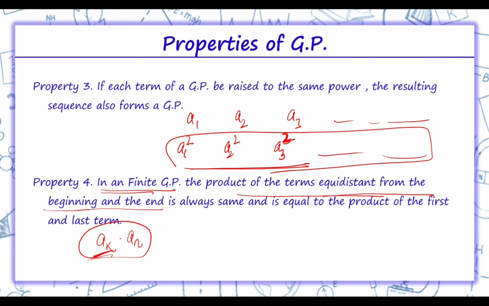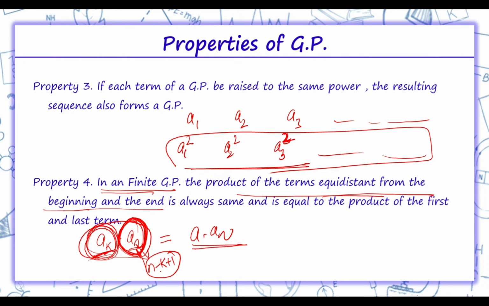AK is the kth term from the beginning, and from the end, if we count, the term is n minus k plus 1. So the product of the terms from the beginning and end is the product of the first and the last term.